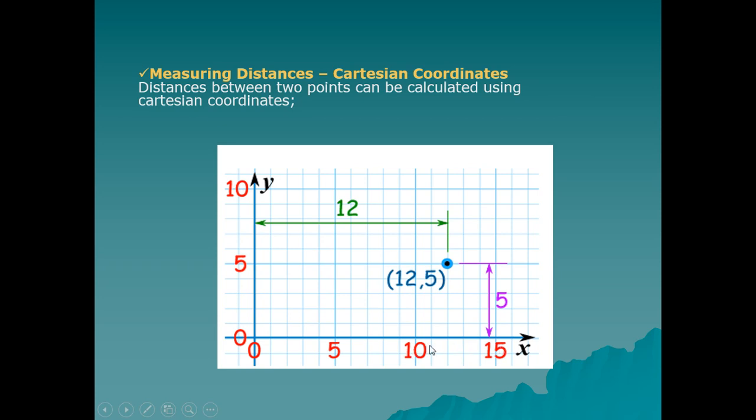If you look at it, our x is approximately 12, hence the reason we have 12 here, and our y is at 5. So our location is actually coordinates 12, 5.